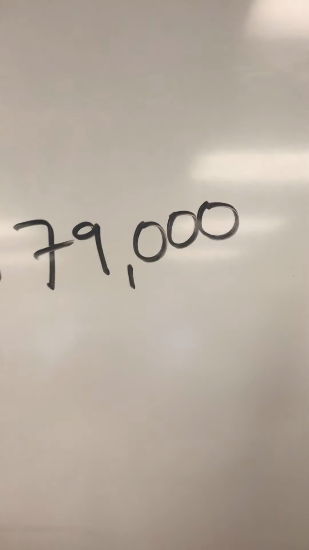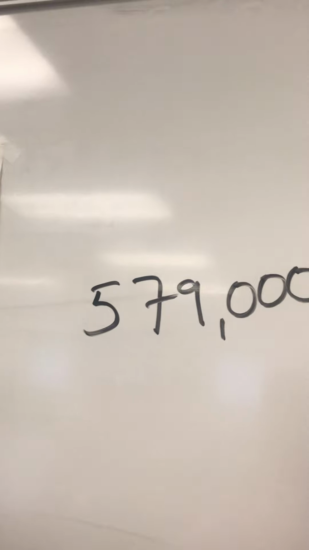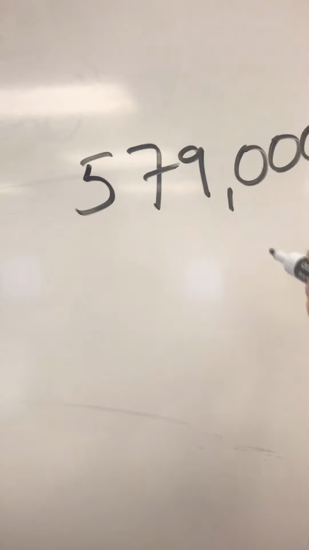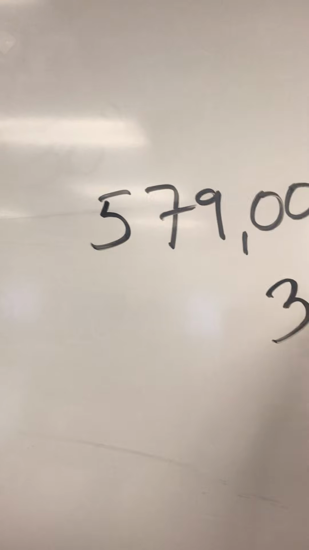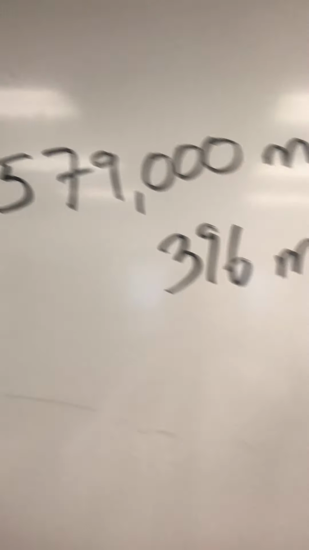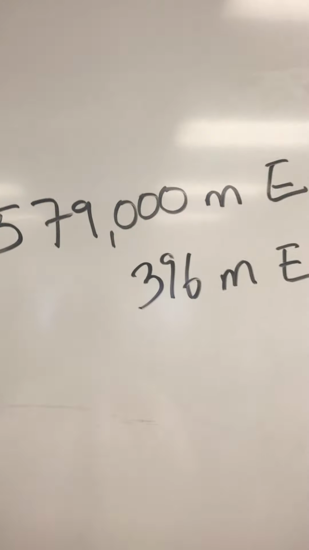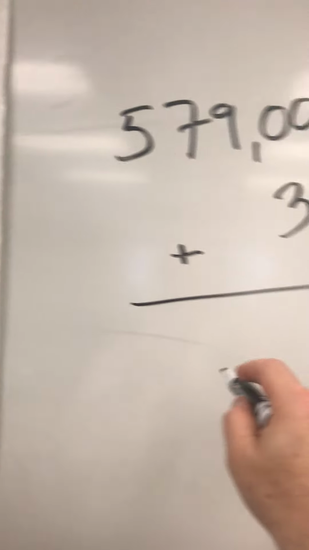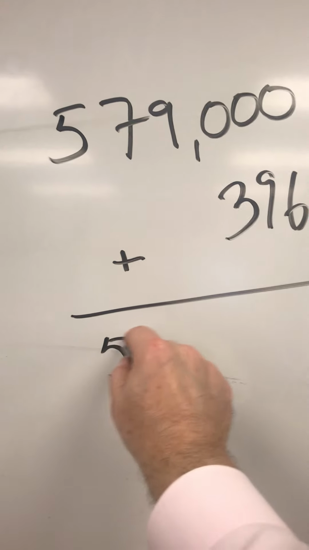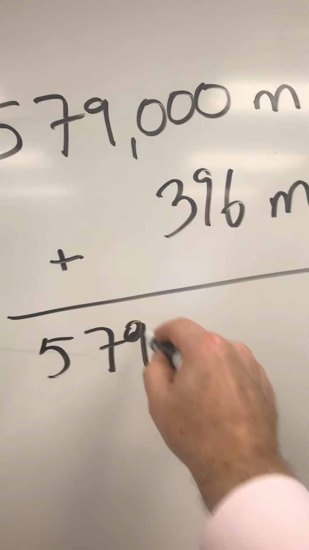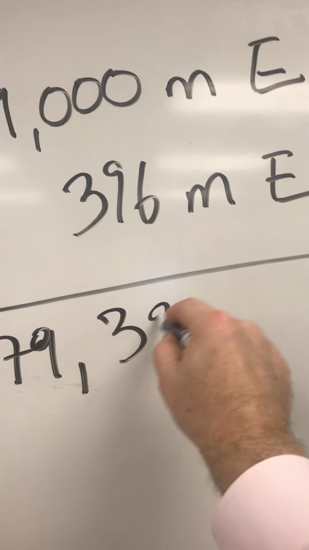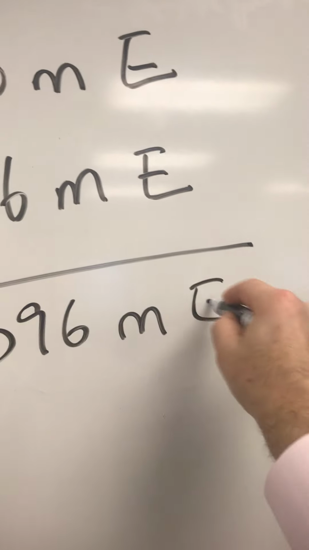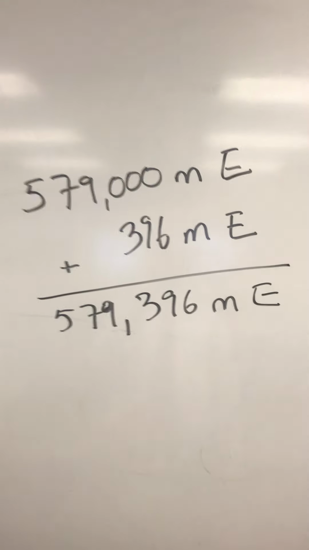So we started at 579,000 meters east, and we're going to add 396 meters further east. Sorry about my camera work, it's not too good. We're just going to add those together, and we get 579,396 meters east.